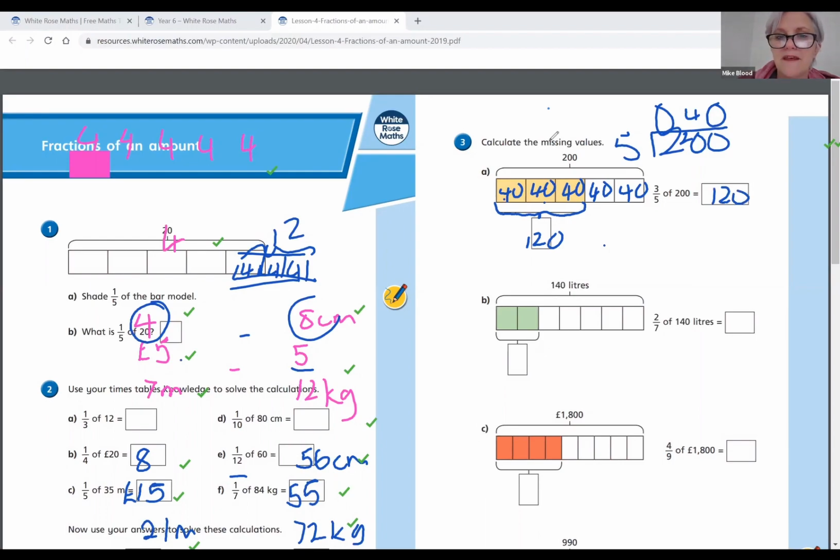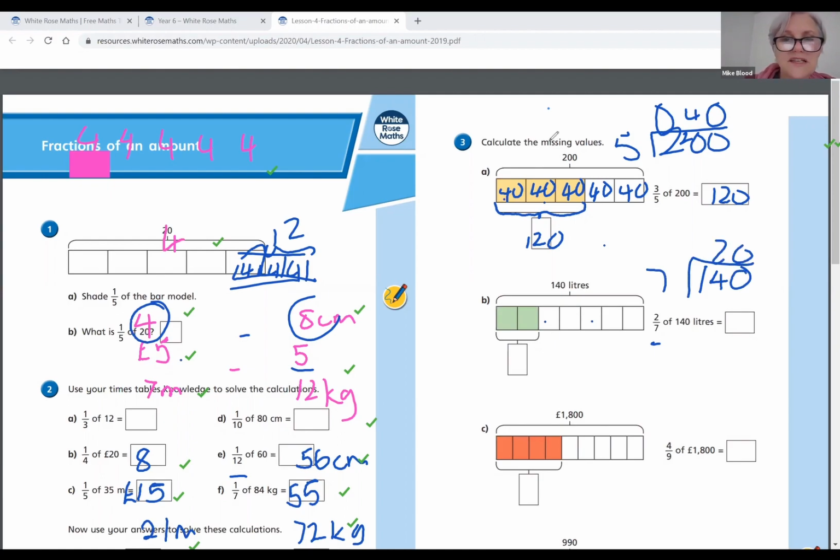Now we've got 140 litres and we want 2/7 of 140 litres. So there's my bar, it's split into 7: 1, 2, 3, 4, 5, 6, 7. I want 2 of them. So first of all, I need to work out what 1 bar is. I do 140 divided by 7.